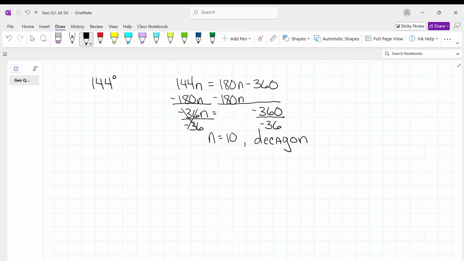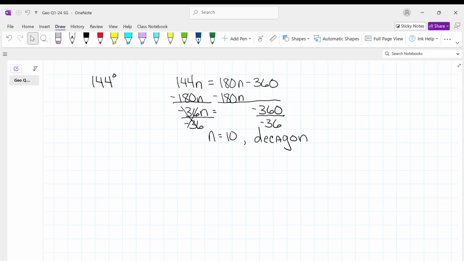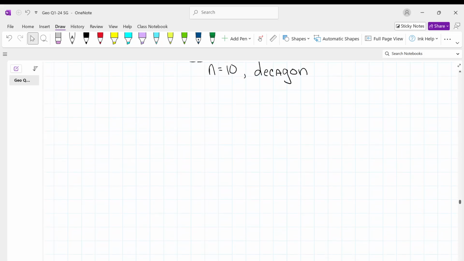All right, then finally, on the bottom of page 396, theorem 6.2, exterior angles sum. We talked about this earlier in the year, but we'll go over it one more time.